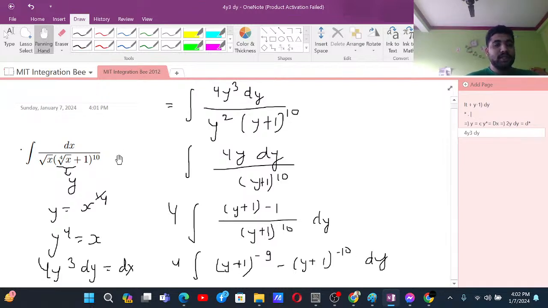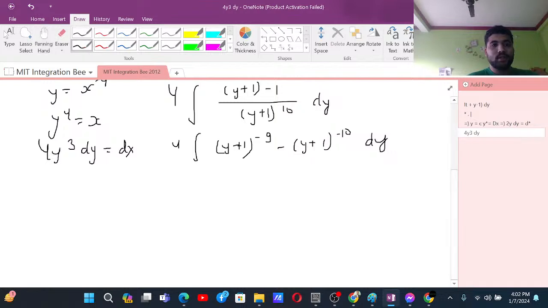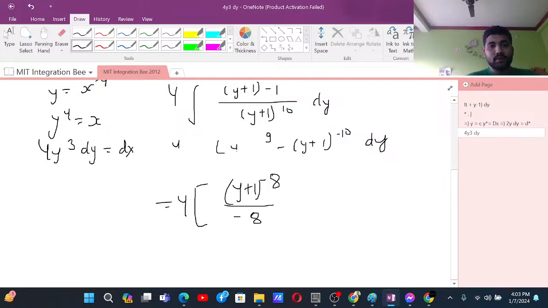Now it's easy. 4 times this will be y plus 1 to the power minus 8 by minus 8, and then minus y plus 1 to the power minus 9 by minus 9 plus c. That should be the answer.